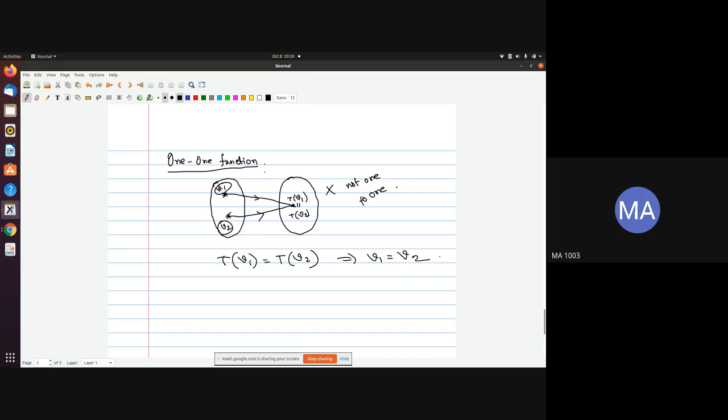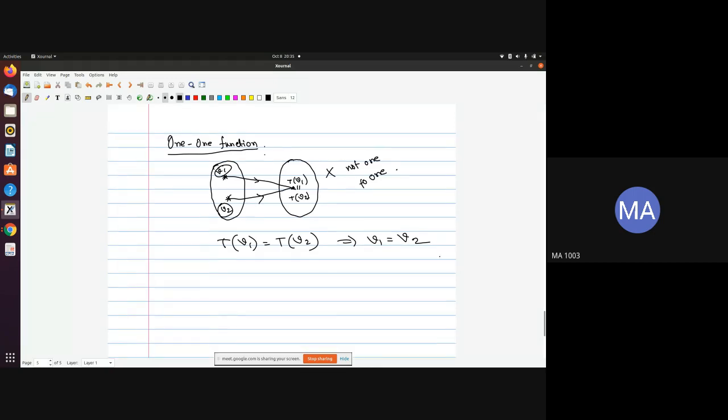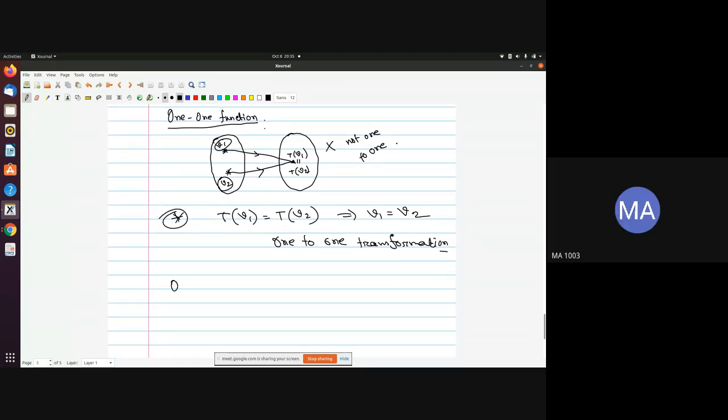The same definition works here: because a transformation is a function, a one-to-one transformation means a one-to-one function. Clear?